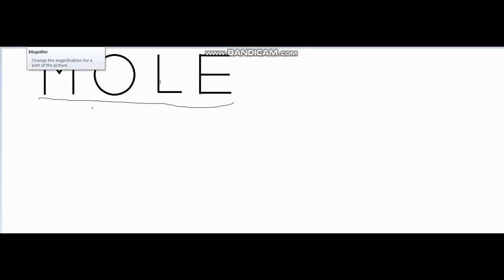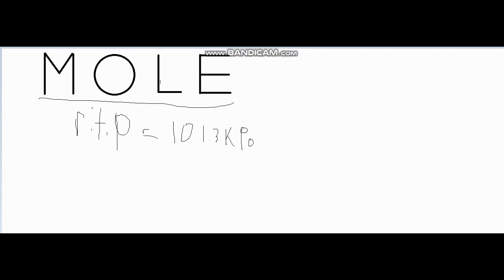So we're going to deal with two specific temperatures and pressures, which are RTP, which stands for room temperature and pressure, and this is equal to 101.3 kilopascals or 1 atmosphere, and the volume is 24 dm cube.